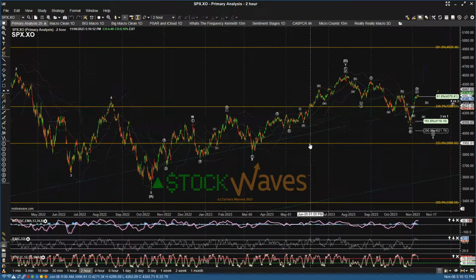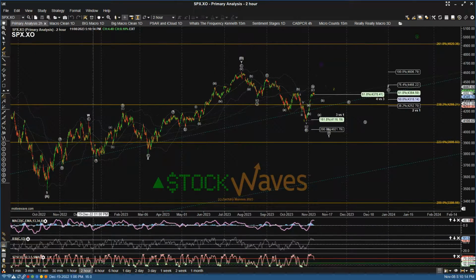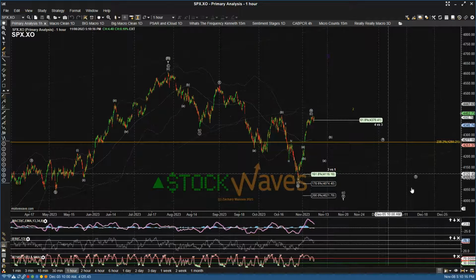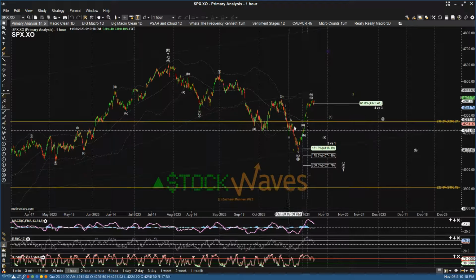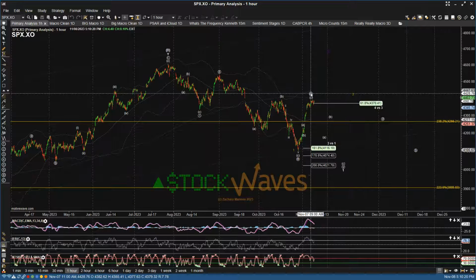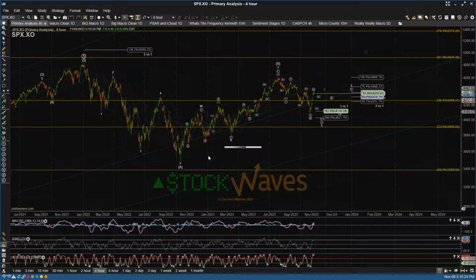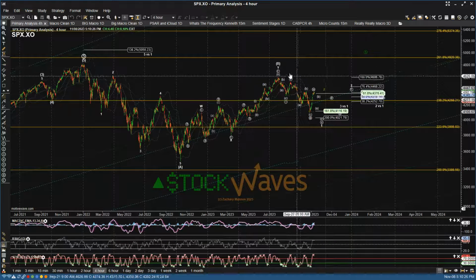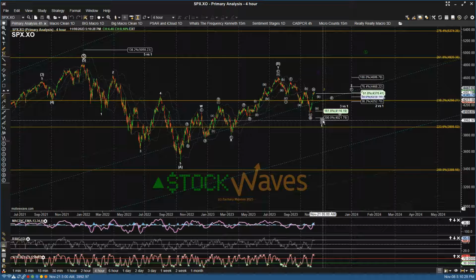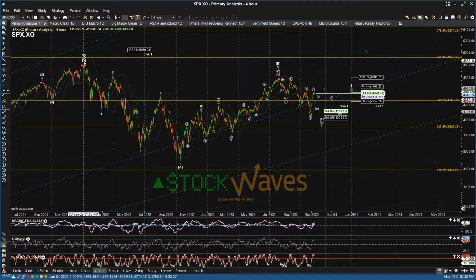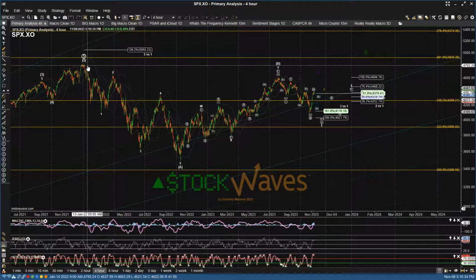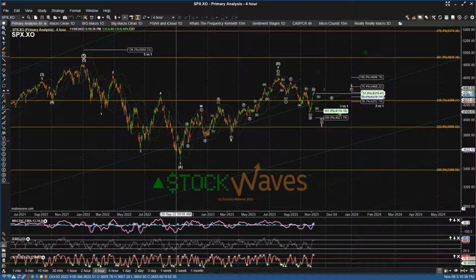Now, the slightly other confusing thing in terms of my alternatives that I've presented is that I believe this can be a fourth wave in a diagonal, which I want to zoom out just a little bit, because I think this fits very nicely as a fractal with the initial move that we got off of the January 2022 high as 5 waves down here.